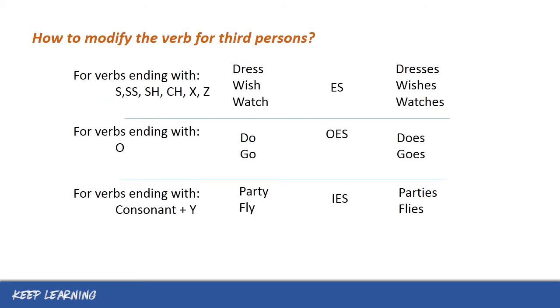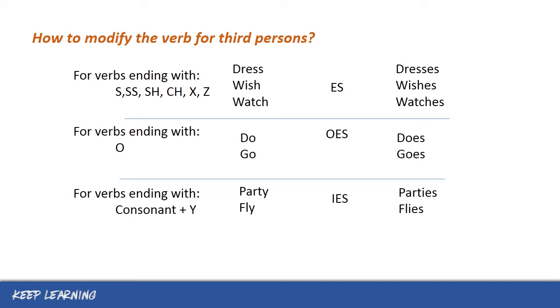Now if you're working with third person verbs, these are some indications that will help you. If you're working with verbs that end with s, double s, sh, zh, x, or z, like dress, like wish, like watch, you have to add es.